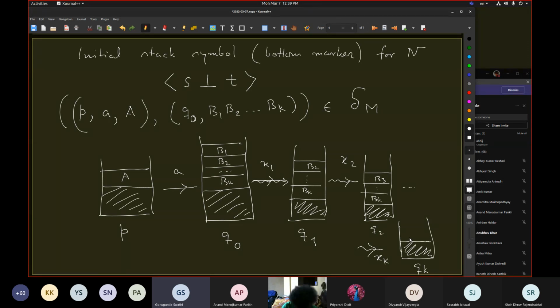Yes, sir. Okay, so what will the simulation step be? This is triggered by reading A. I will convert this transition to this form, a single state.